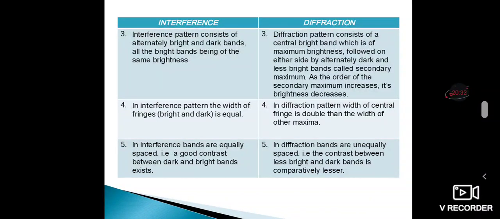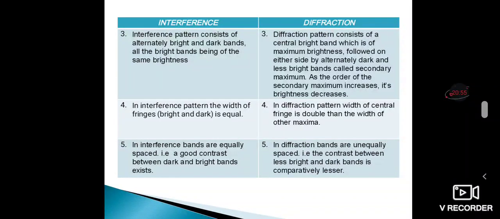But a diffraction pattern consists of a central bright band, which has the maximum brightness, followed on either side by alternately dark and less bright bands. They are called secondary maxima. As the order of the secondary maximum increases, its brightness decreases.